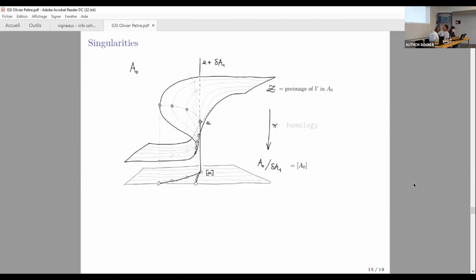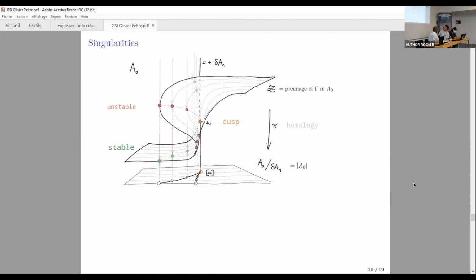So you don't have transversality of this space of solutions. So here is the manifold of consistent potentials. You project it onto homology classes that represent Hamiltonians. And so you have a cuspidal singularity, for instance, in some loopy graphs.